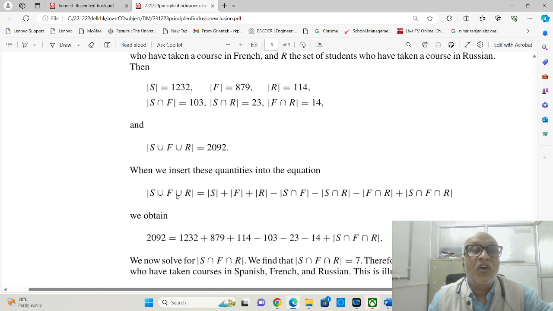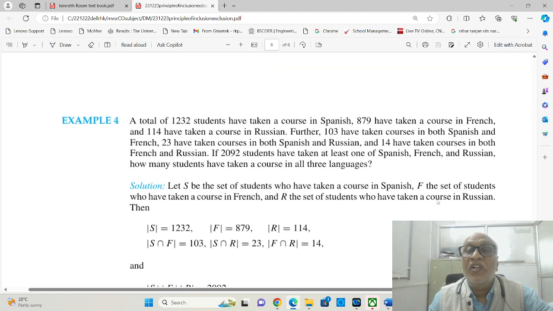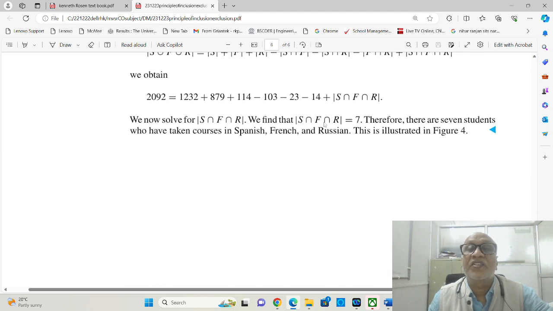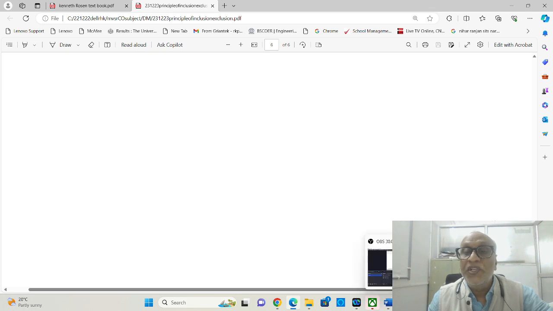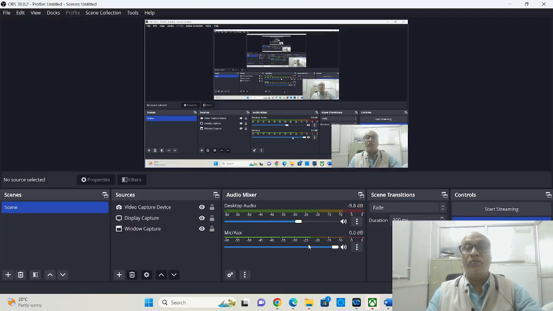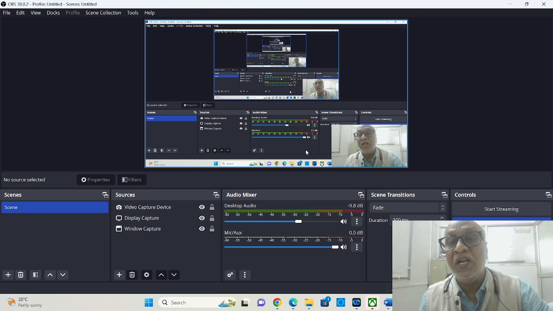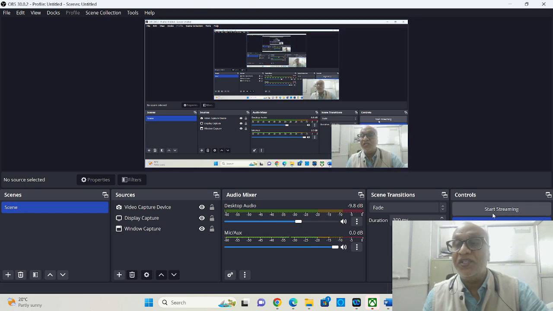We have this number already, 2092. The rest of the replacements we have done, and at the end S intersection F intersection R is what? That is actually students who have taken course in all the 3 languages. As I calculate this, it will be coming to 7. So hope principle of inclusion exclusion was understandable and palatable to you. Happy learning for discrete mathematics.